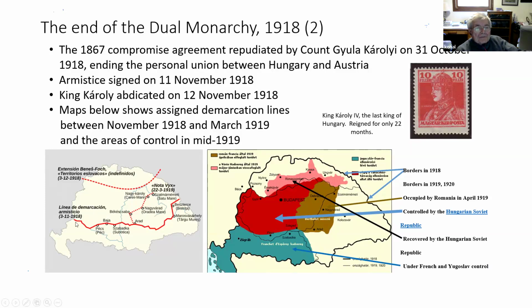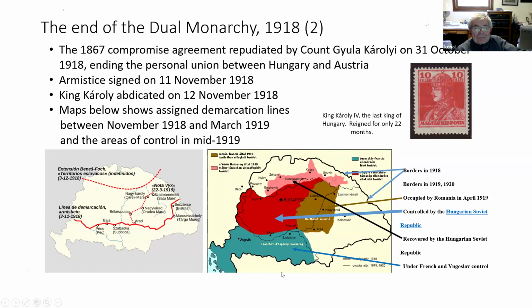And the solid red line here shows the armistice agreement line that was supposed to be observed by the Serbian and Romanian armies. But then the Romanians continued their progress moving eastward until they actually captured Budapest.